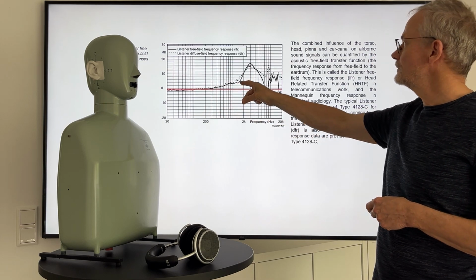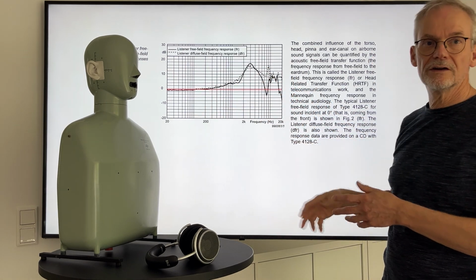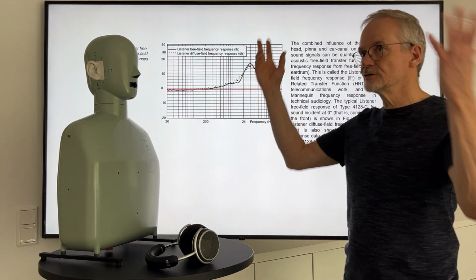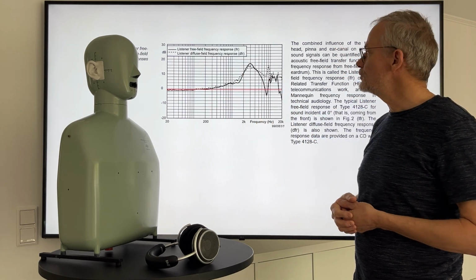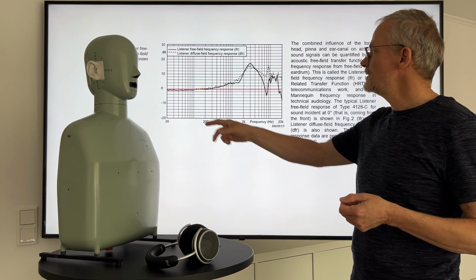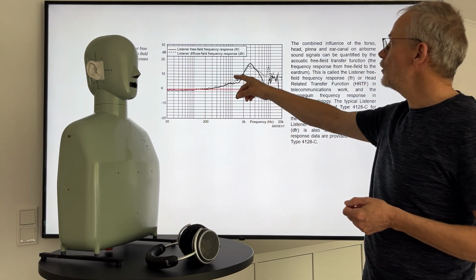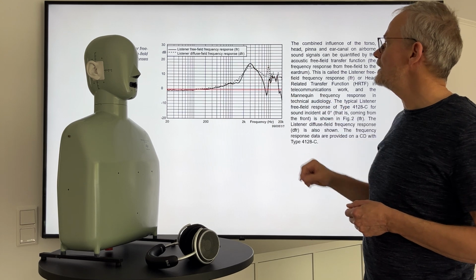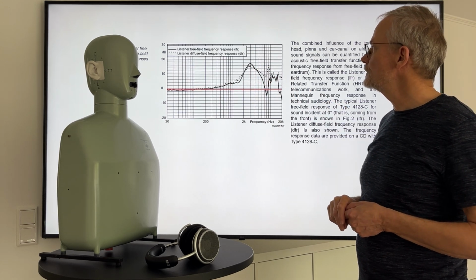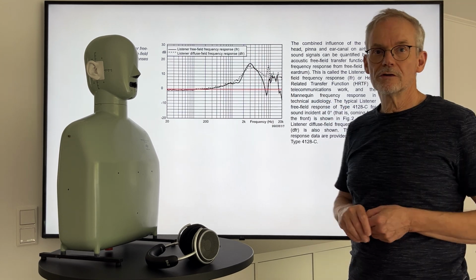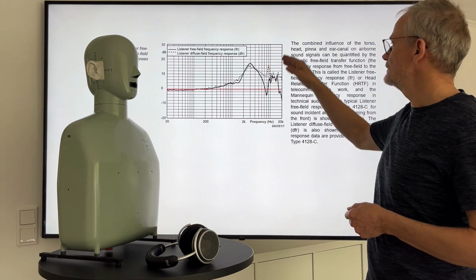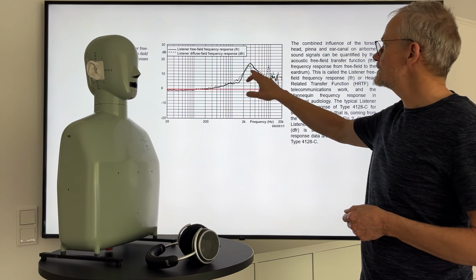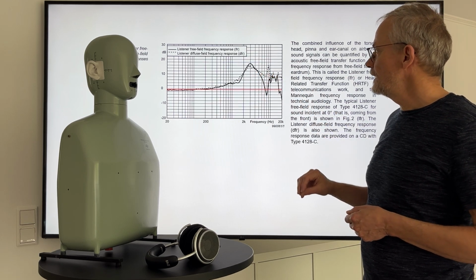The solid curve shows it in an anechoic room and the dotted curve in a diffuse field, a room where you have a lot of reflections. What is easy to see is that they all have a big peak, nearly 18 dB for the free field at 3 kilohertz, and then a dip at 8 kilohertz, though it's not that strong for the diffuse field.